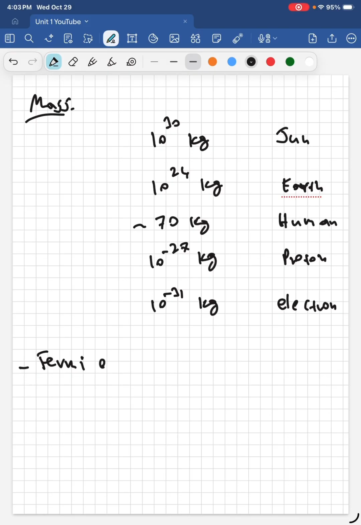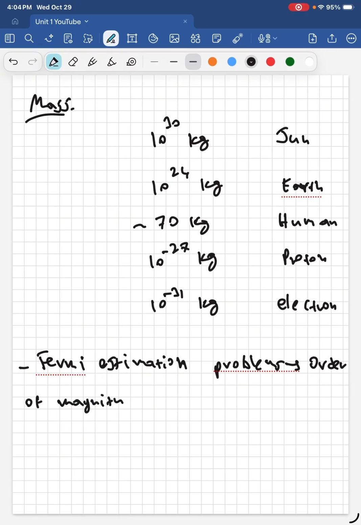So Fermi estimation problems are famous in physics in that these are problems in which you estimate the order of magnitude of a quantity. So Fermi estimation problems are order of magnitude estimation problems.